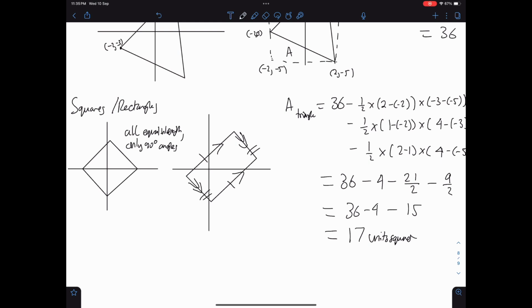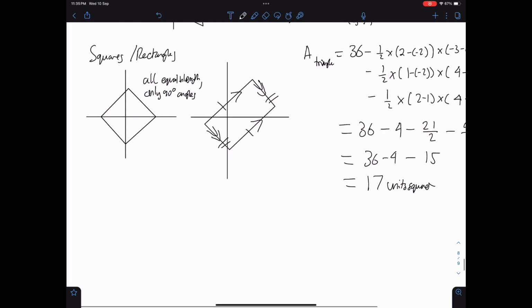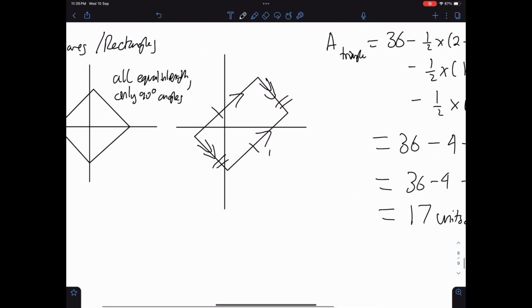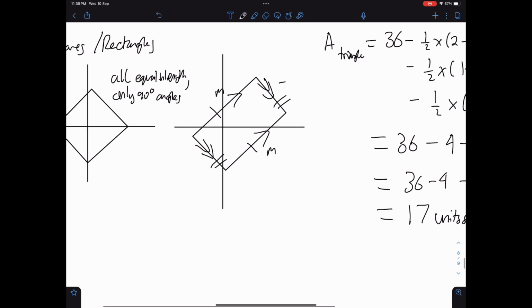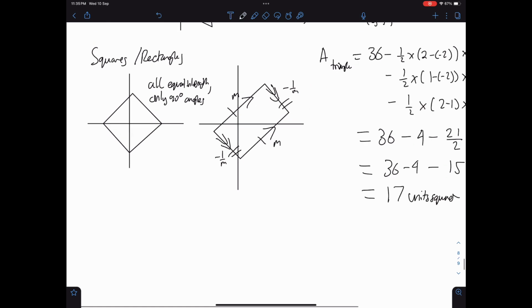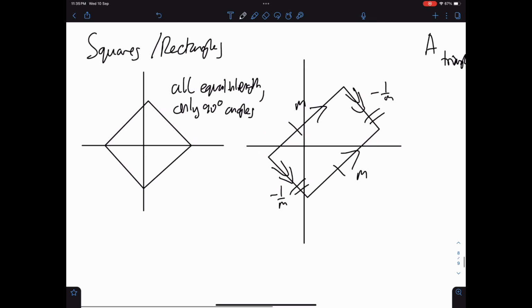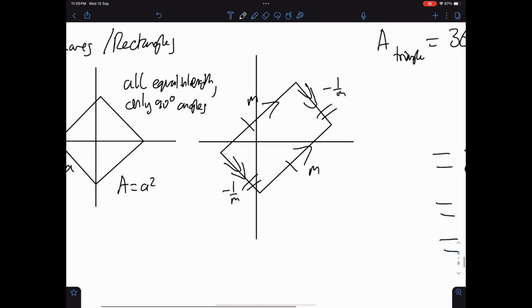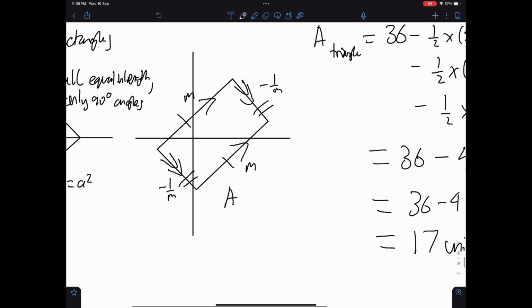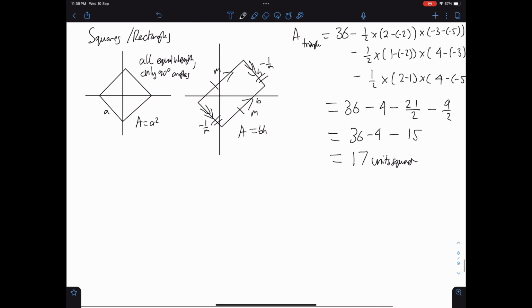That makes it very easy. You just remember these will have the same gradient, but these will have the negative reciprocal. Those will be very easy, and remember your area is equal to, if you call this A squared, and the area here is, if you call this B and you call this H, equals base times height. That's very easy. I've no doubt you'll be able to do those.